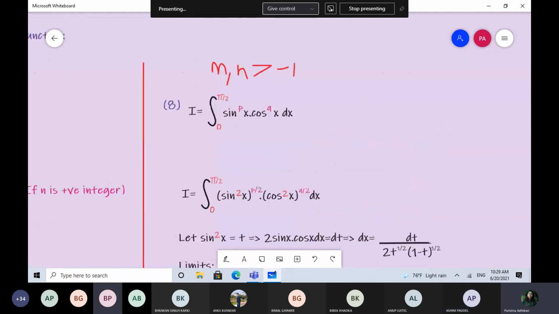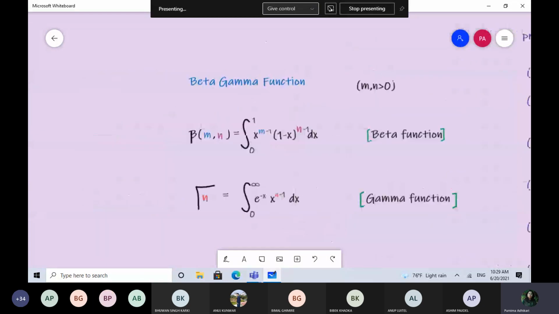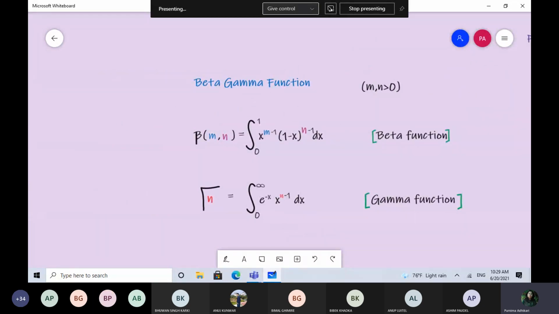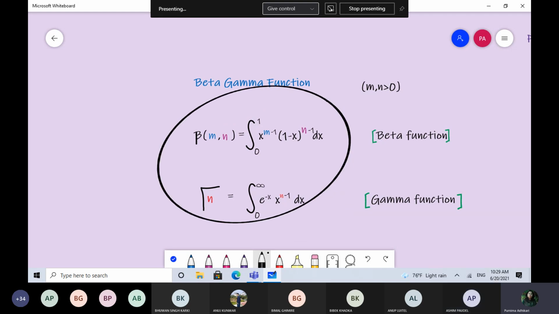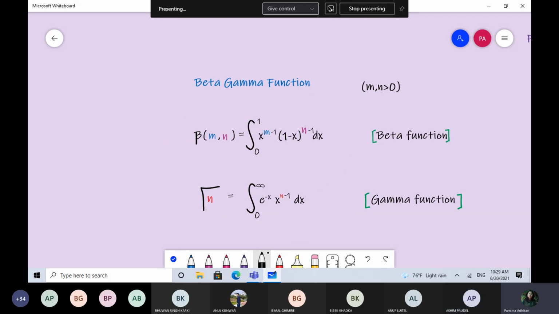Let me show you. This is your beta and gamma function. Beta function takes two values. Asim? Did you remember? Yes, ma'am, I made a small mistake. It's okay, it's okay. You haven't got used to it yet, have you? Okay, so this is a beta gamma function.